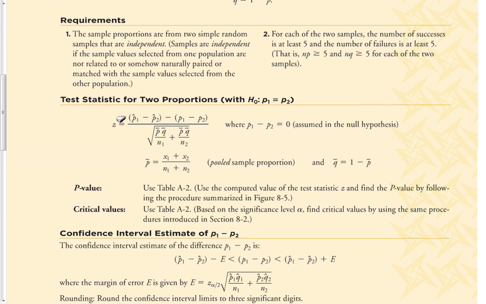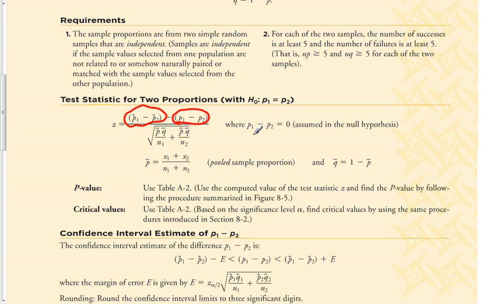All right, notice this is the test statistic actually. And this test statistic is a little bit more complicated than the ones we've been dealing with so far. It's the difference of the sample means minus the difference hypothesized in the population, or sorry, the difference of the sample proportions. We're not dealing with means. It's the difference of the sample proportions minus the hypothesized difference between the population proportions.